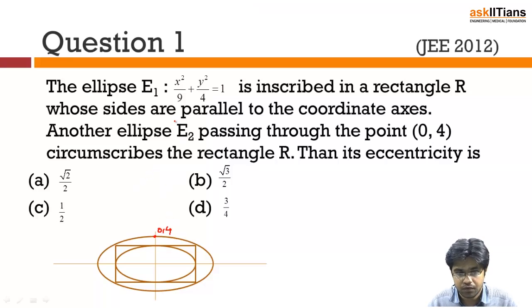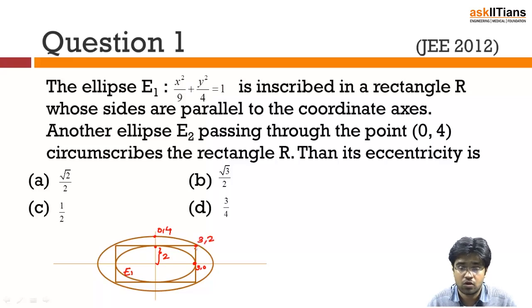So let's start. Now the equation of the first ellipse, that is E1, this inner one, is known. So if this equation is known, then I know that this point is actually (3, 0). If this point is (3, 0) and we know that this length is 2 units, that means we got one point, that is (3, 2).